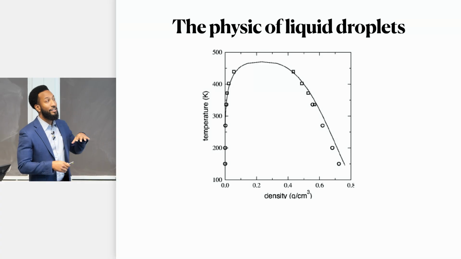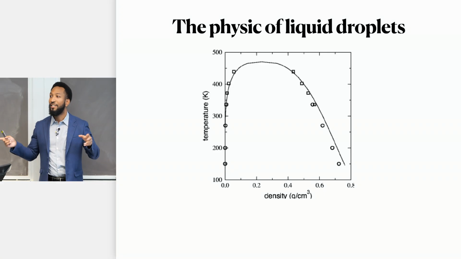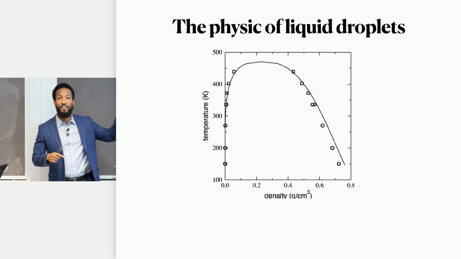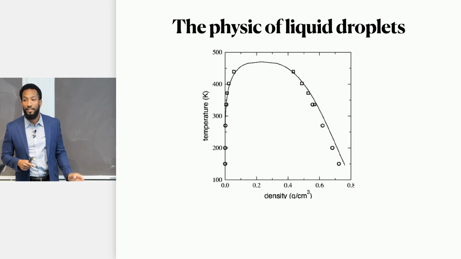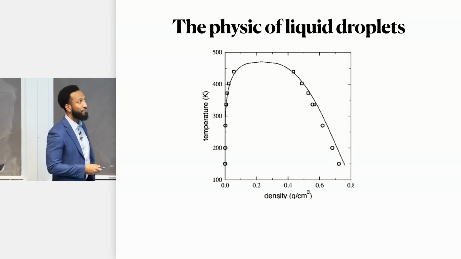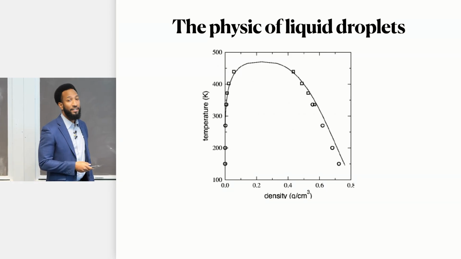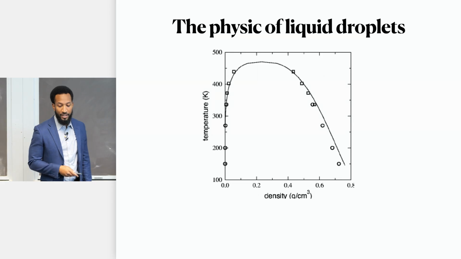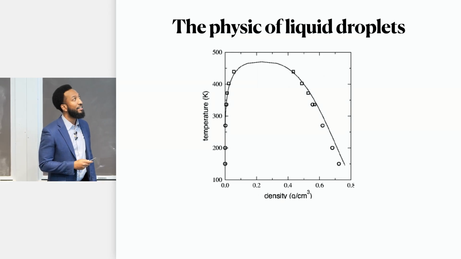Okay. So let's just talk about classical liquids first, and then we'll see what this means for these liquid-like droplets that we see in cells. You might have seen this before, but this is a phase diagram for a liquid. Out here is just a fluid, and this line is a liquid, and this one is a vapor.